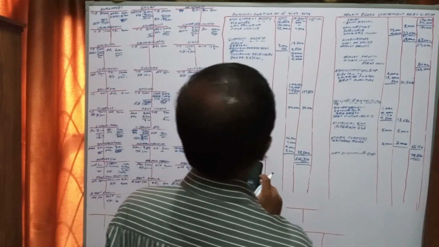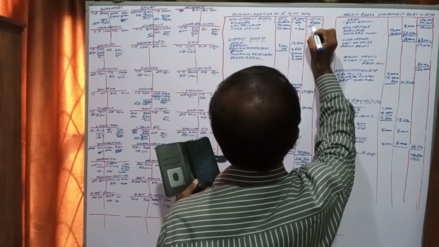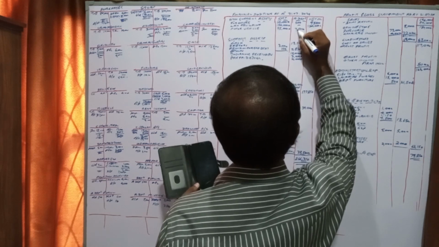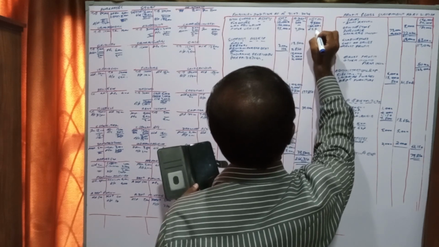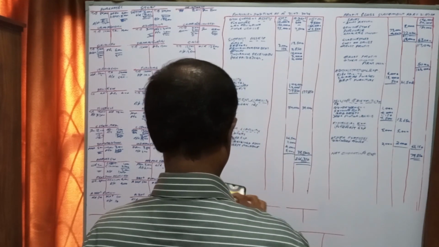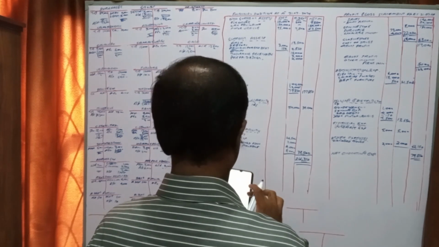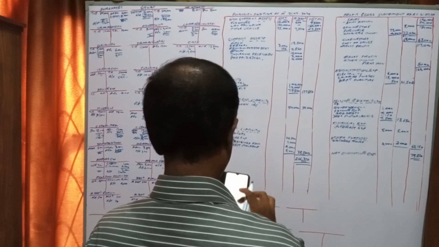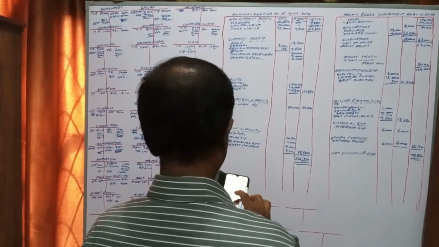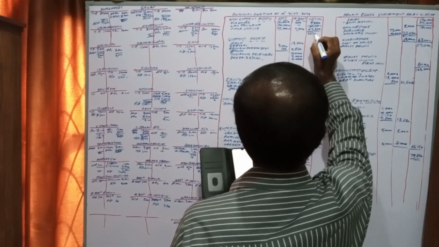And other thing, here we will say 9,500, 150,000, 75 minus 7,500, 67,500. Then this one, you say 9,500 plus 150,000 plus 67,500, right? 227,000.